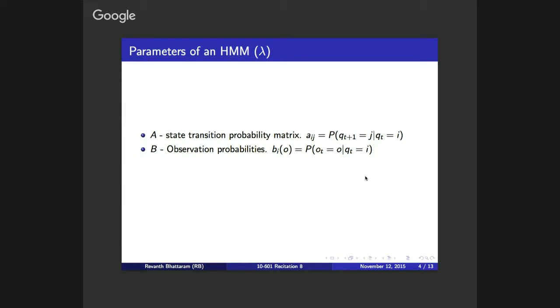And next is the observation probability. We're moving along in our states, so at each time step we're in some state or the other. But there are these observations that we can observe in the real world.